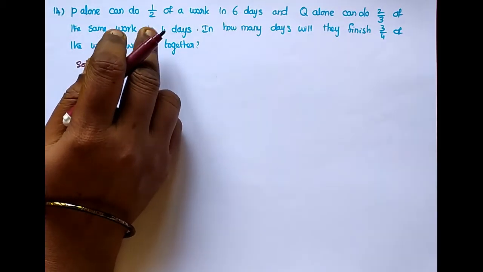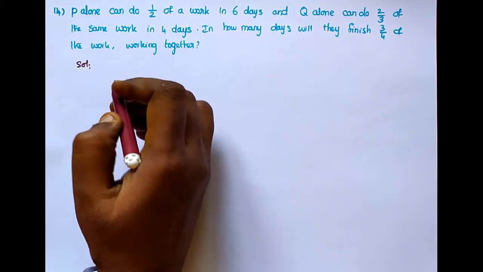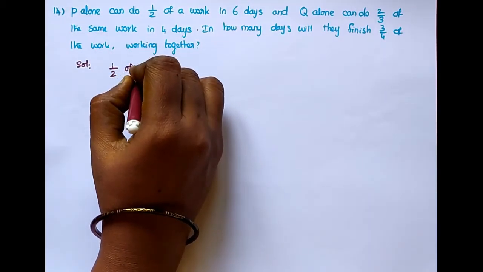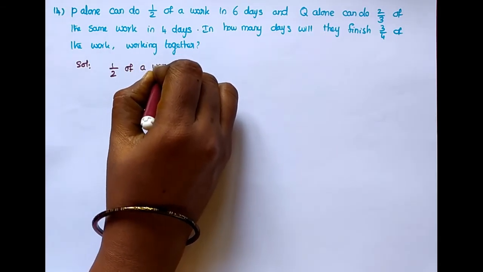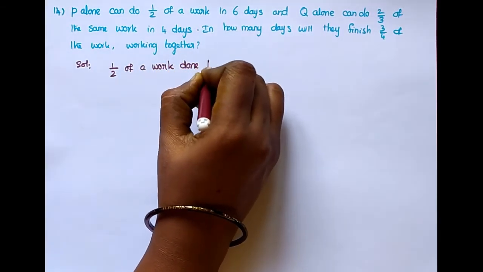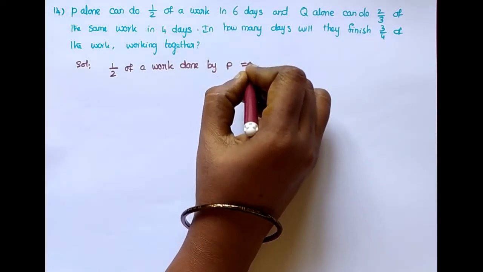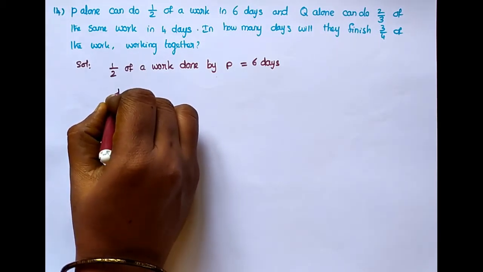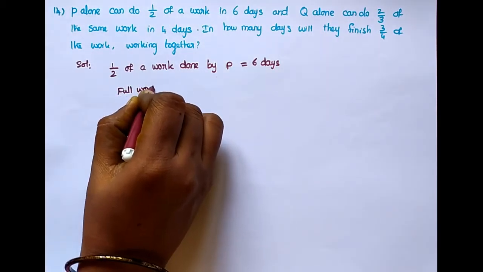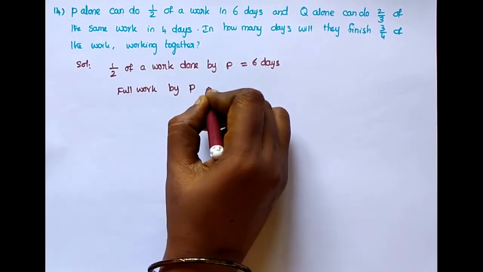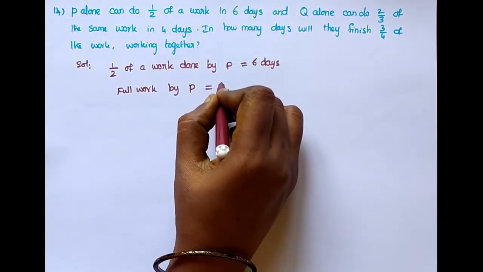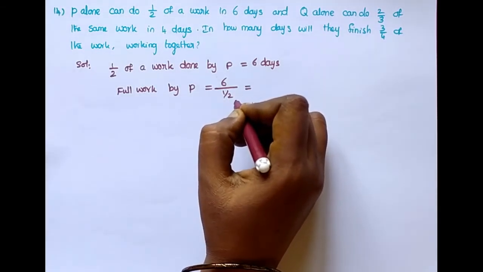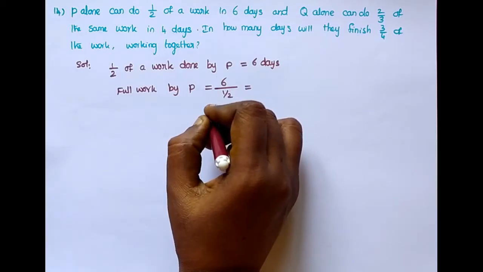Listen, half of the work is done by P in 6 days. So the full work by P equals 6 divided by half, that is equal to how many days?